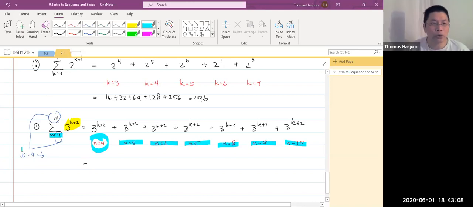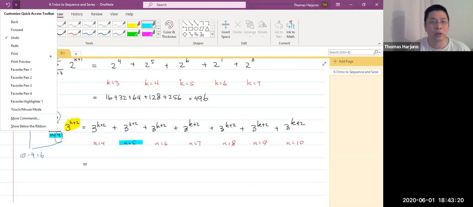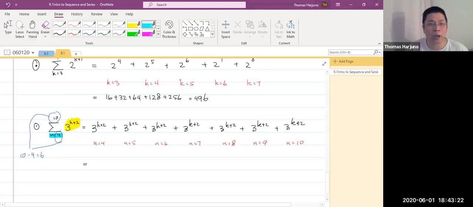So when you do subtraction, don't forget to add 1. So there are 7 terms, not 6 terms, which then, if I combine them, I will get 7 times 3 to the k plus 2. Maybe I emphasize that again, not 6.